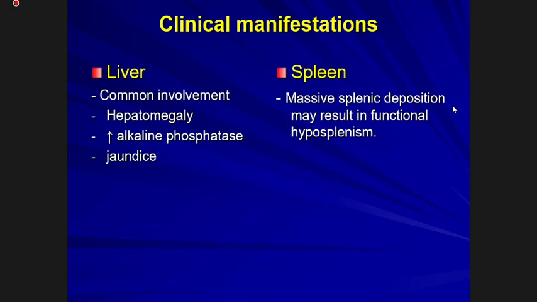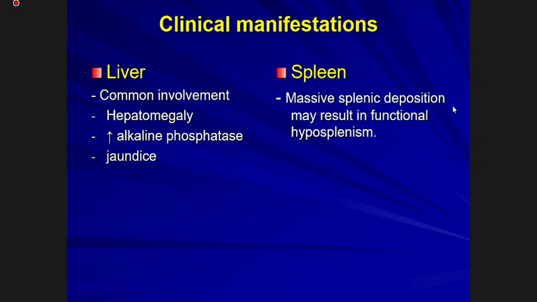Okay, in the liver. Of course, with accumulation you can have hepatomegaly. You can have more of an obstructive nature of liver involvement. Obstructive, meaning it compresses the space between the hepatocytes.